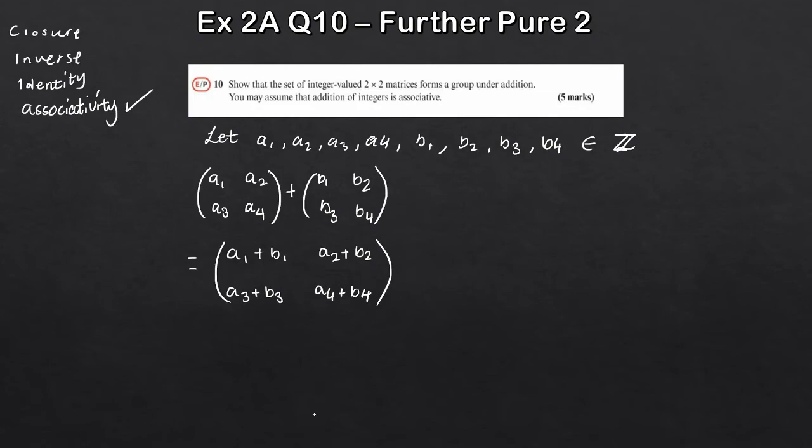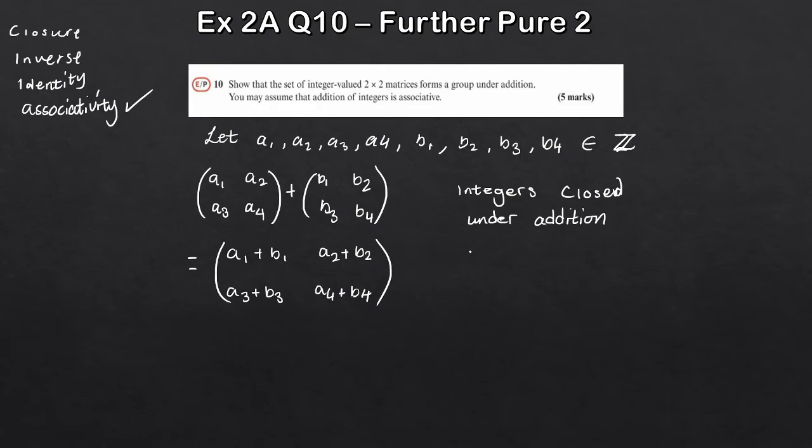Well, we already know integers are closed under addition. What we can then say is that if you add an integer to another integer, it'll always be an integer.